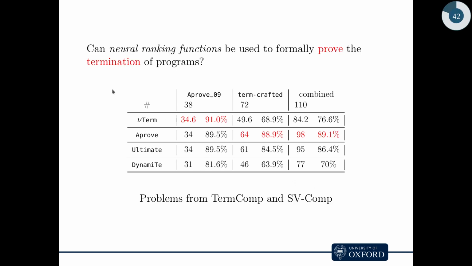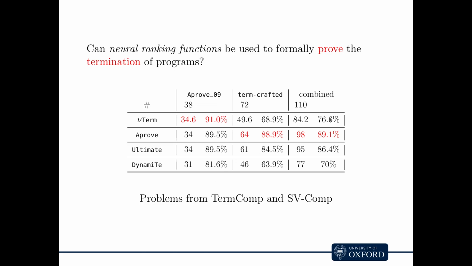The first question that we asked ourselves is whether neural networks can be used to formally prove termination in general. We obtained 2 problem sets from the termination competition and the software verification competition, namely the AProVE 09 set and the termination crafted lit set, and these both constitute problems from literature.